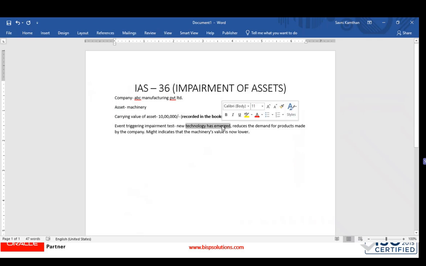A new technology has emerged which reduces the demand for the products made by ABC, and it might indicate the machinery's value is now lower. So how can we understand the impairment of the asset? First of all, we will be determining the recoverable amount, as per the flowchart we have understood.